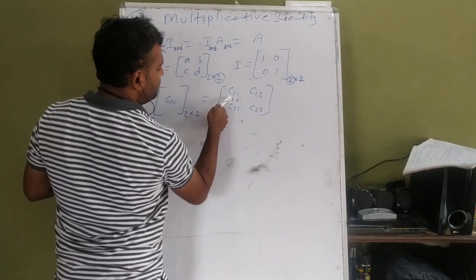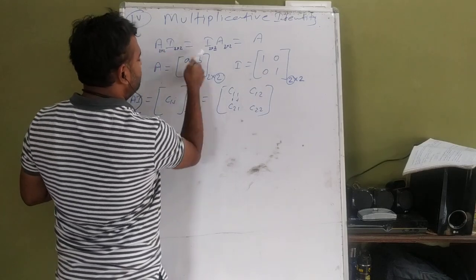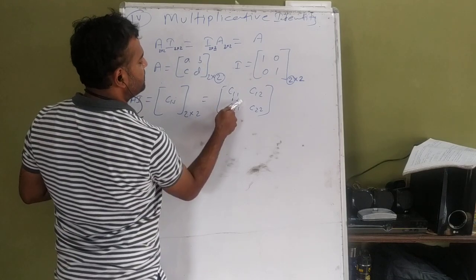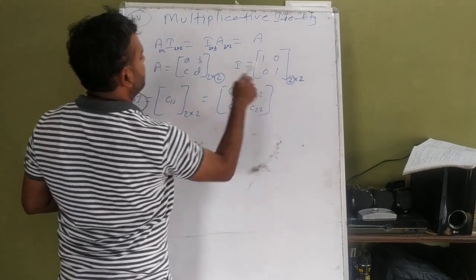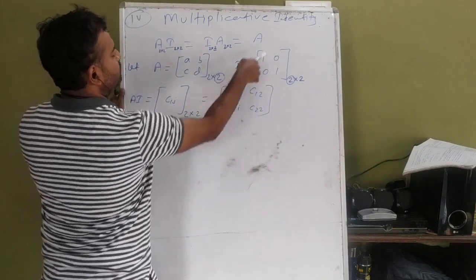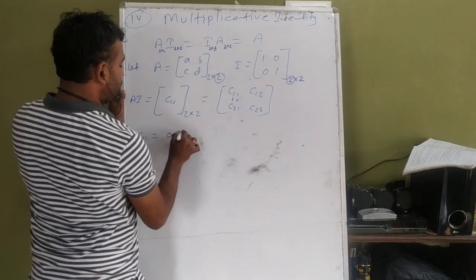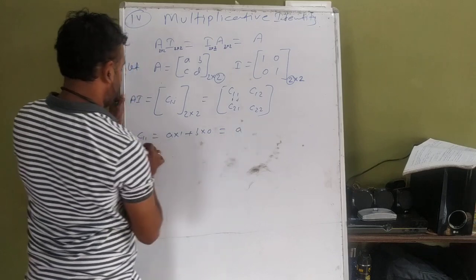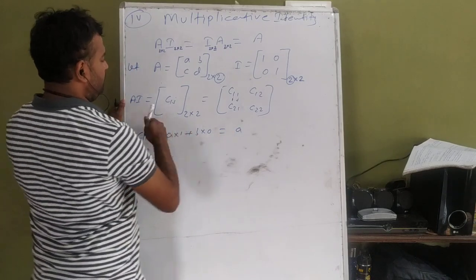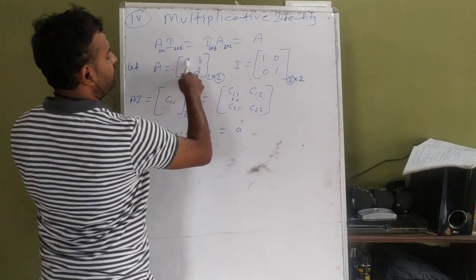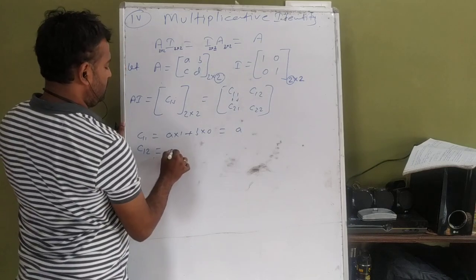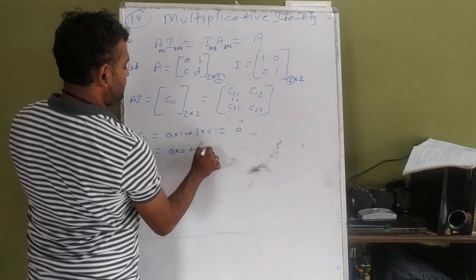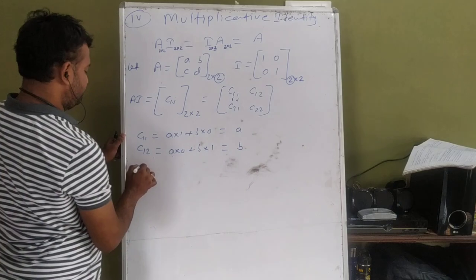C11: first row, first column: a into 1 plus b into 0, that is a. C12: first row, second column: a into 0 plus b into 1, that is b.